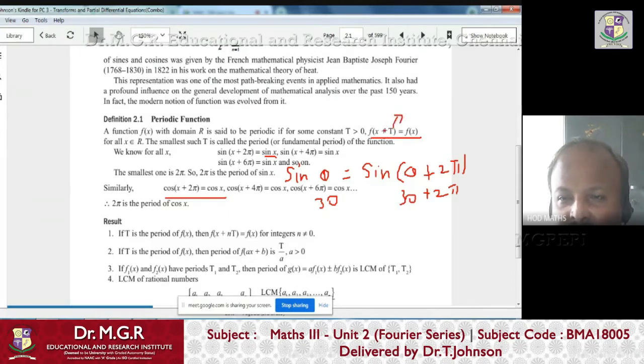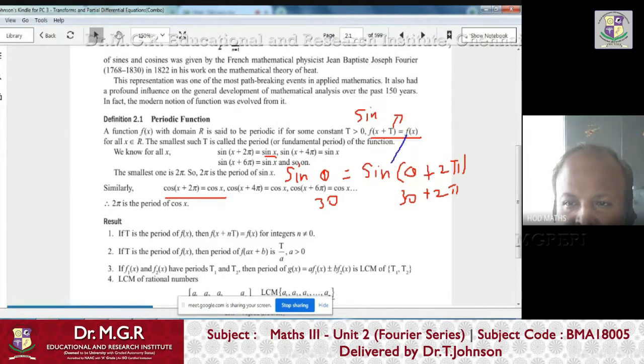So here f is nothing but your sine function or cos function, and T is nothing but your 2 pi. In general, if a function is periodic in nature, it can be written as f of x equals f of x plus T. So here f is a function.